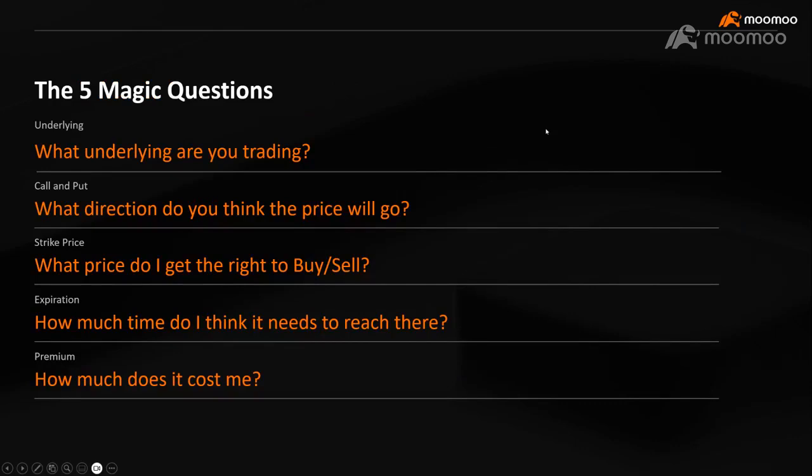Let's do some recap. For chapter one, we covered five things. It's kind of heavy, right? First, you must understand what underlying you are trading. Some underlyings can be commodities, stocks, ETFs, and futures, the derivative of the derivative. Before you start trading, you must know what underlying you are trading.